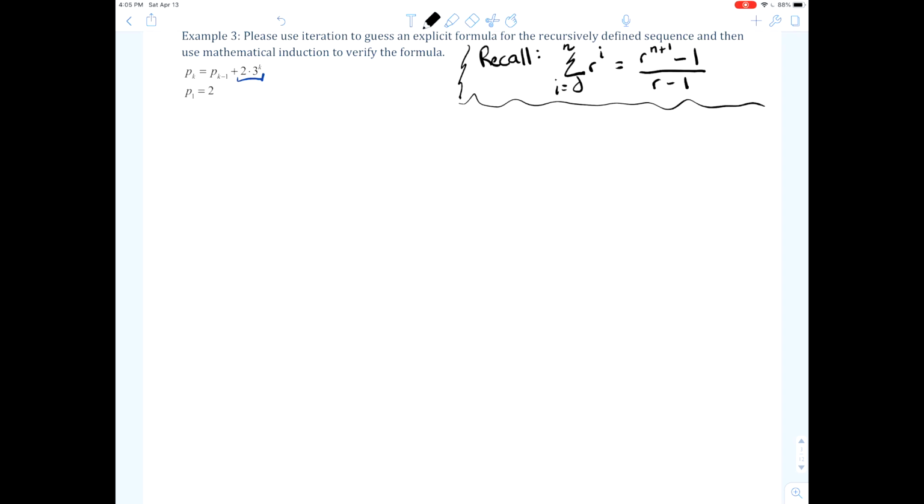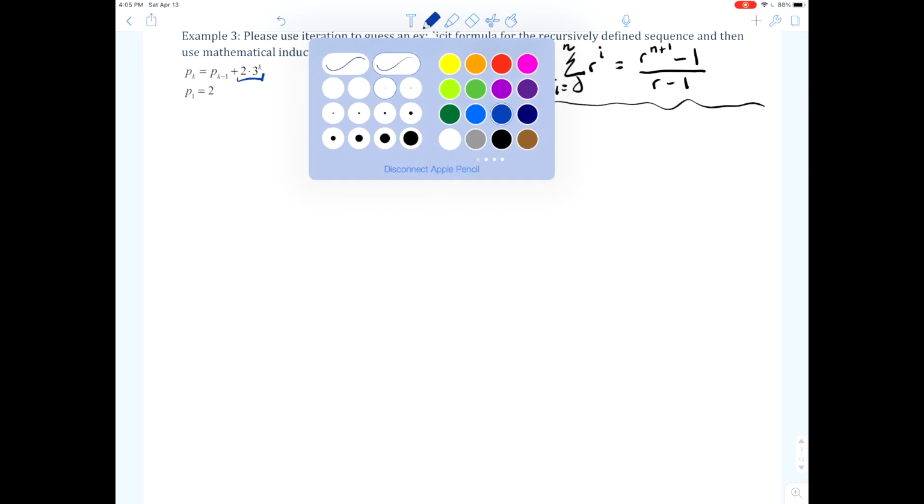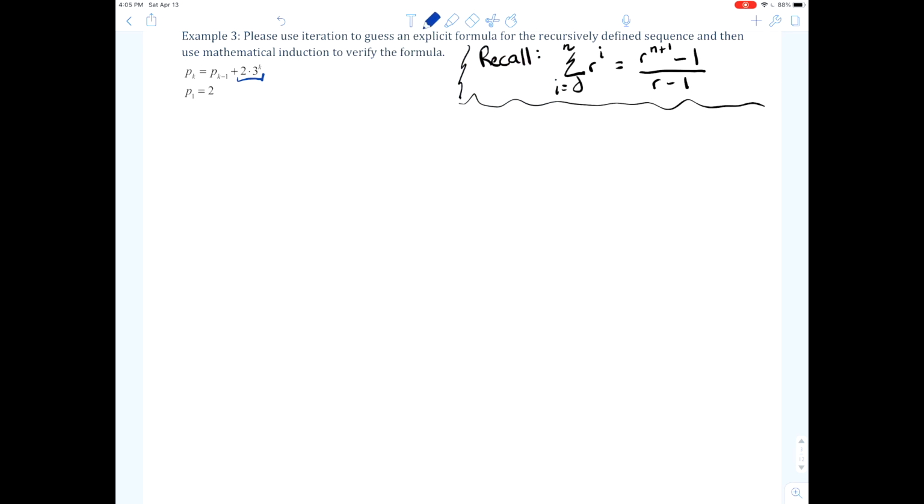And one of the tricks to this is instead of just writing the result, right? Because remember with the rabbit one, we kept writing out the pattern until we figured out what it was. So here, we're going to do the same kind of thing until we figure it out. So we know that P1 is equal to 2, right?